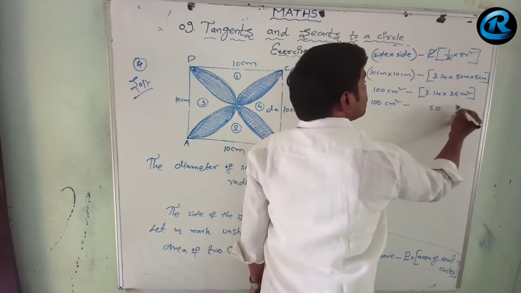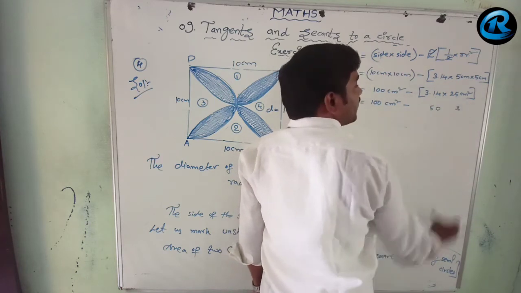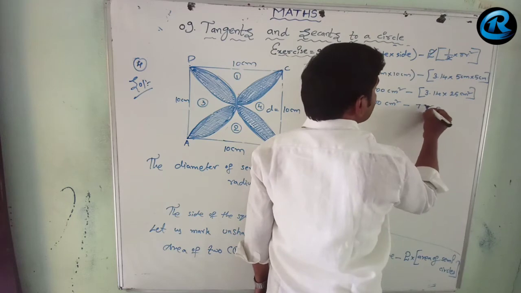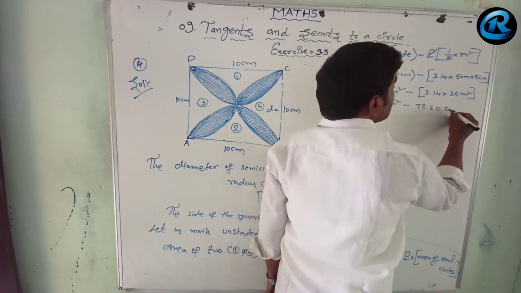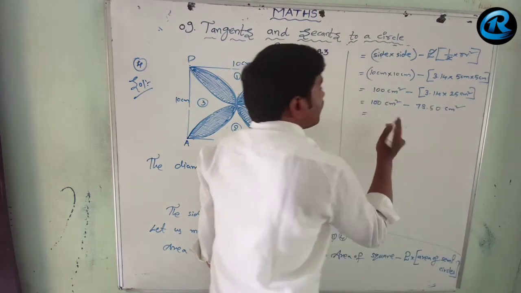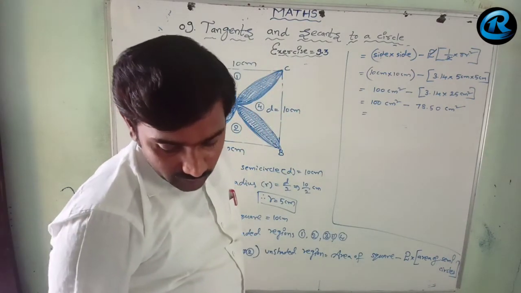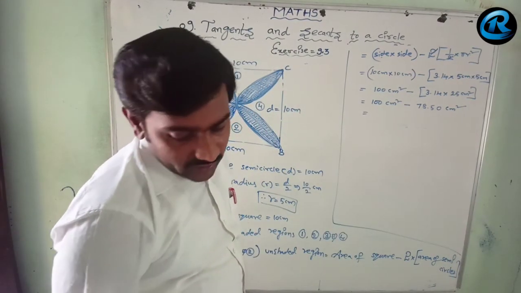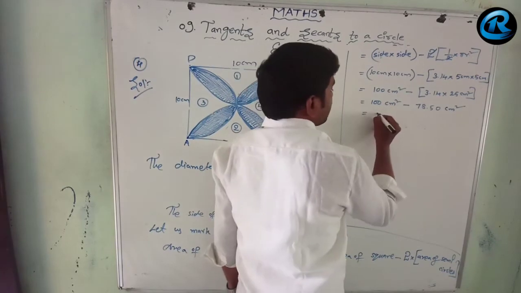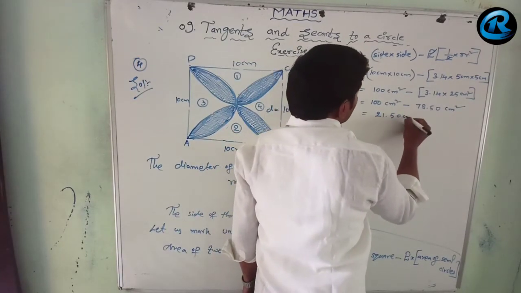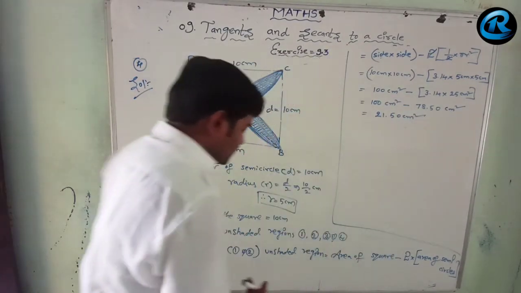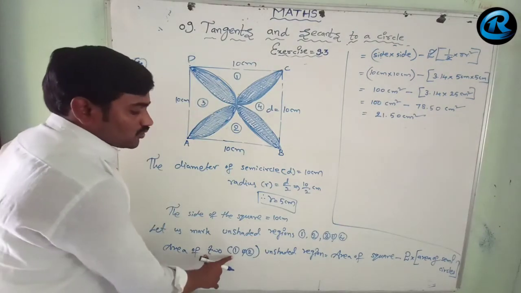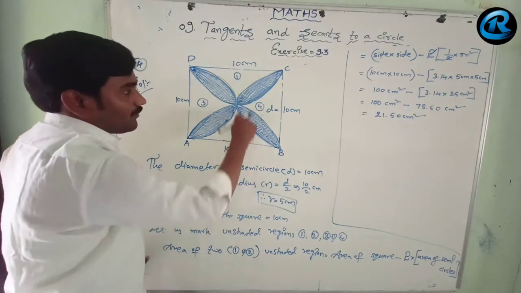So 3 carry. 25 3s are 75, plus 3, 78. 78.50 centimeter square. Now when you subtract these both, we get 21.50 centimeter square, and this is the area of two unshaded parts, part 1 and part 2.